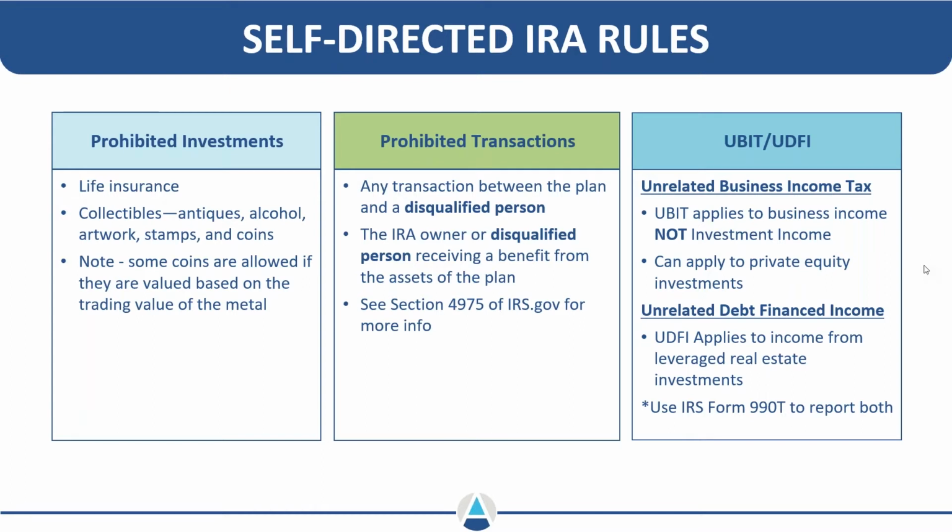Now, prohibited transactions is where some more of the nuance is going to come into this. There are certain people that you cannot directly deal with, and I'll put the slide up in a minute, but those are people called disqualified persons.